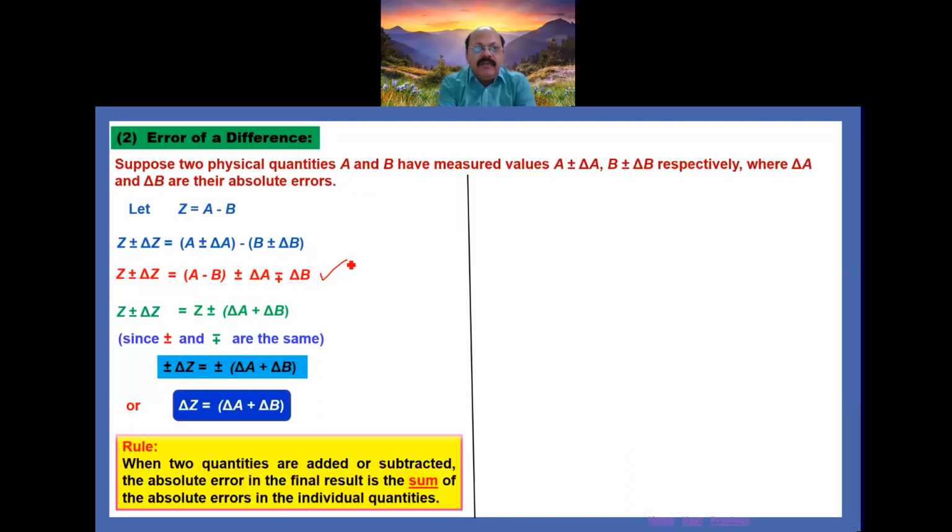So in case of addition and subtraction, the absolute error in the final result is the sum of the absolute error in the individual quantities.